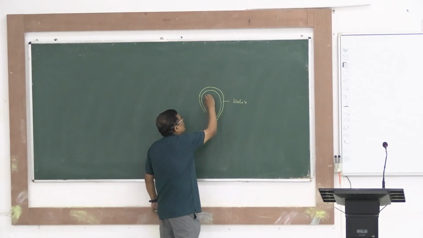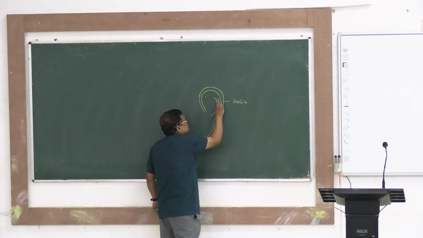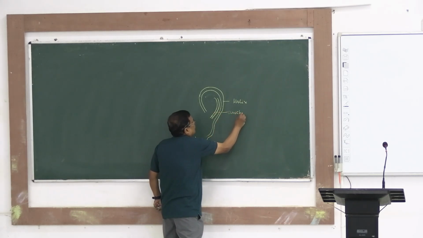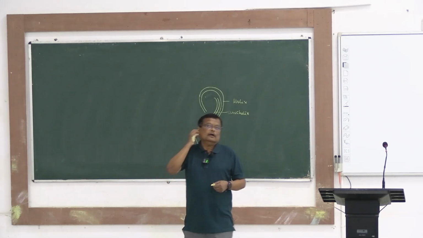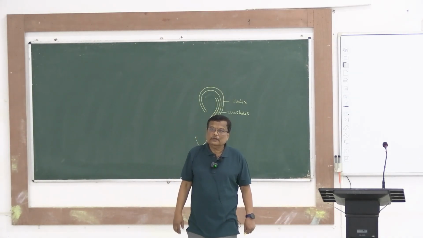Just parallel to the inner side of the helix, there is another raised region we call the antihelix. This is the helix, and just anterior to it, this is the antihelix.